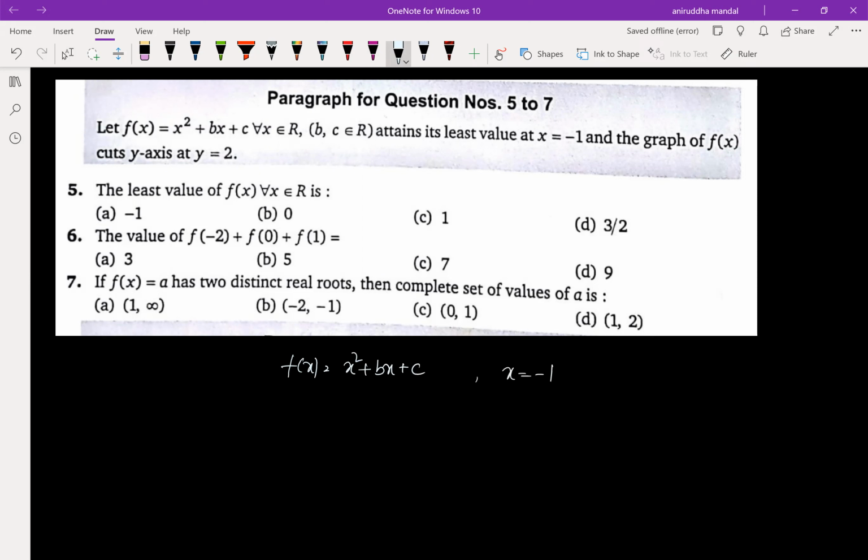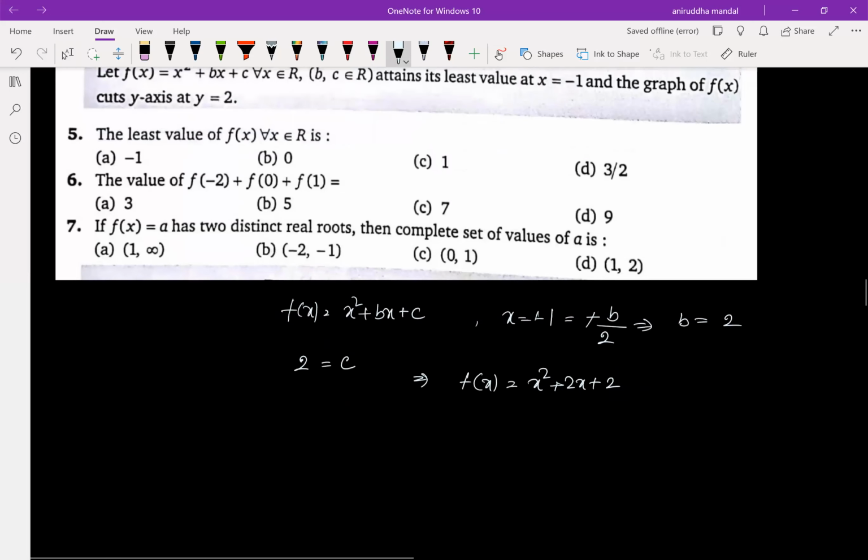And the graph f(x) cuts the y-axis at y = 2, which means f(x) is 2 at x = 0. Putting the values of f(x) as 2 and x as 0, we get c. So our f(x) is x² + 2x + 2.